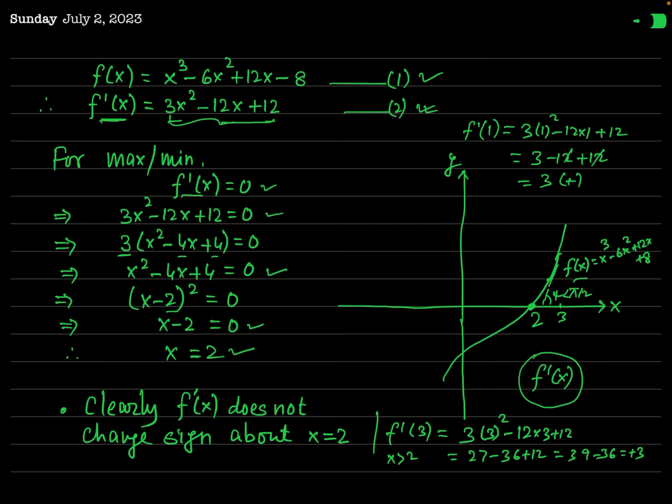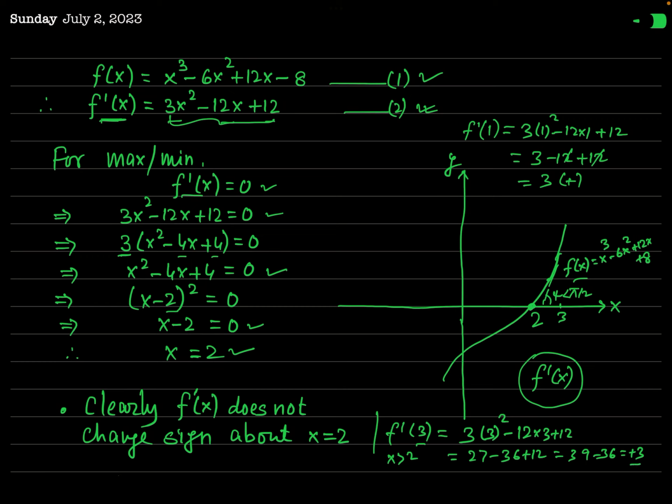And if its sign does not change, what does it mean? It means the function has no local maxima and minima. Actually, this is just a monotonically increasing function, because you can see when I have increased the value of x from 2 by 1 and taken x equal to 3, then f dash of x is equal to 3.